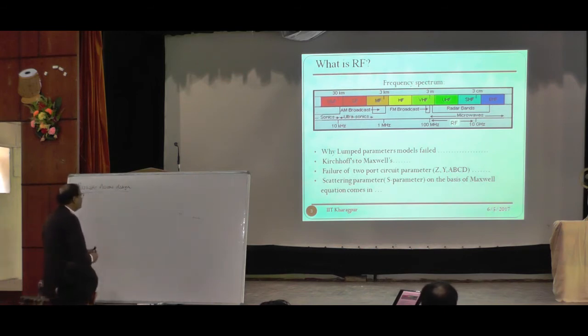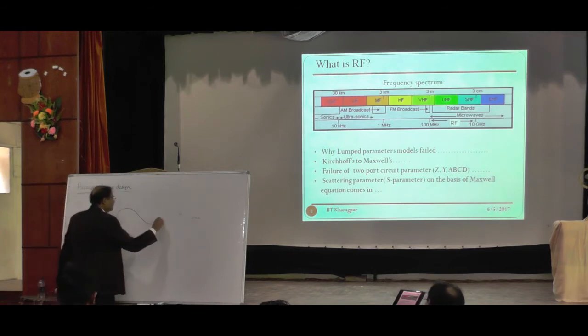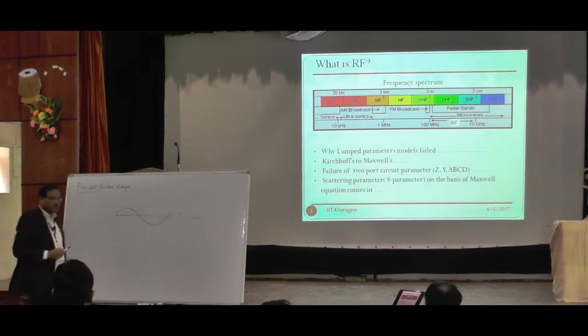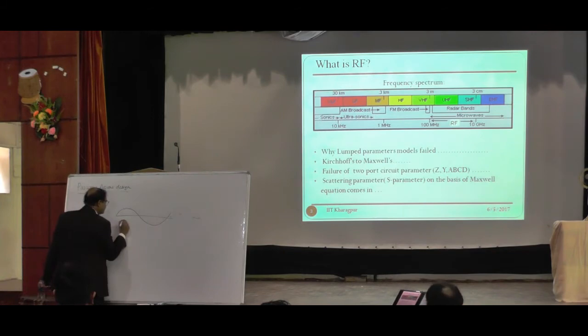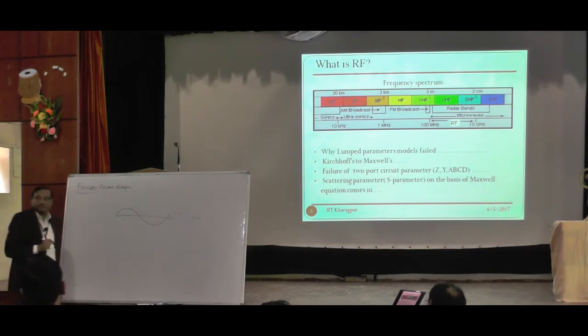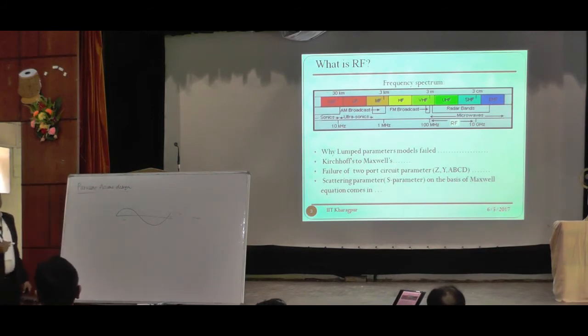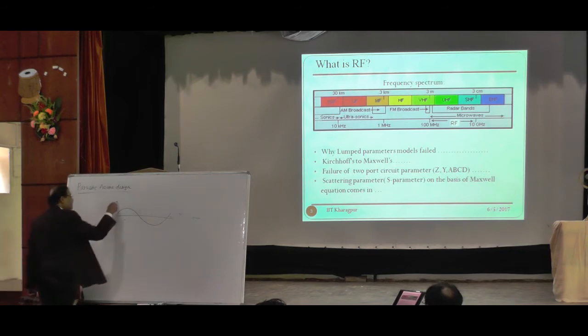Suppose this is a periodic signal, and I have one small component like this. The axis shows 0, pi by 2, pi, 3 pi by 2, 2 pi. This is the phase angle phi.